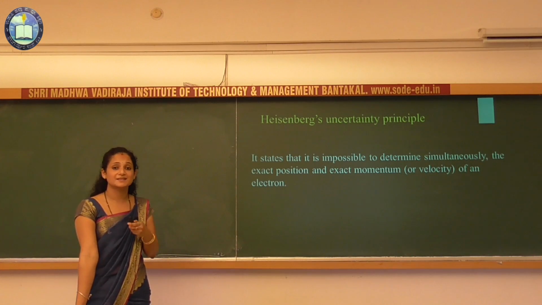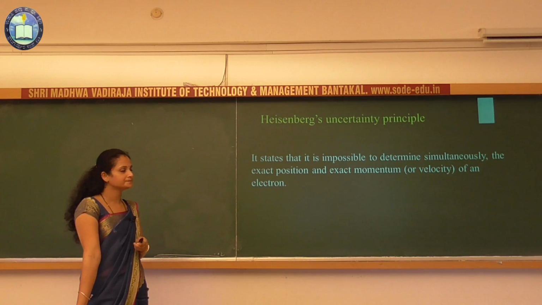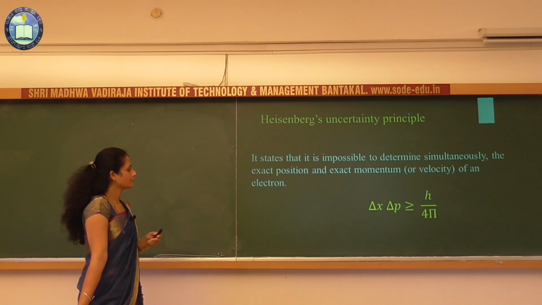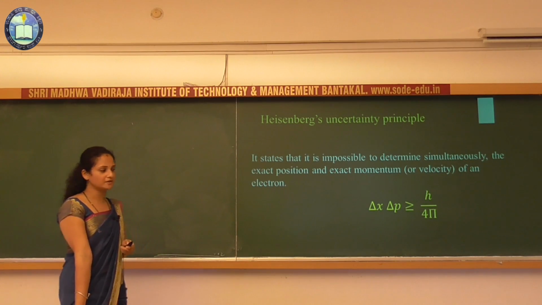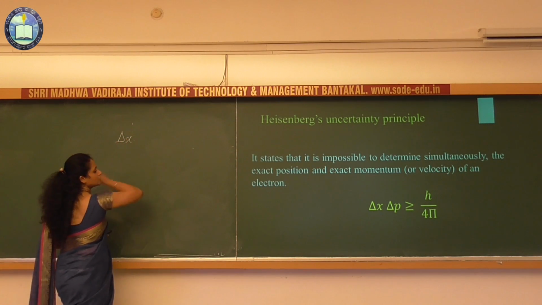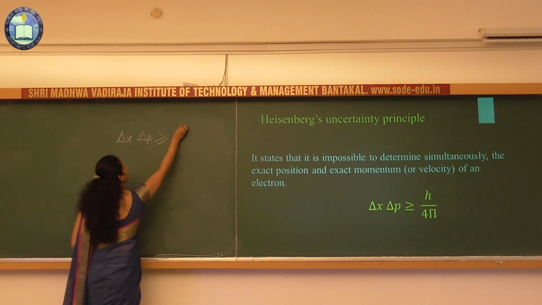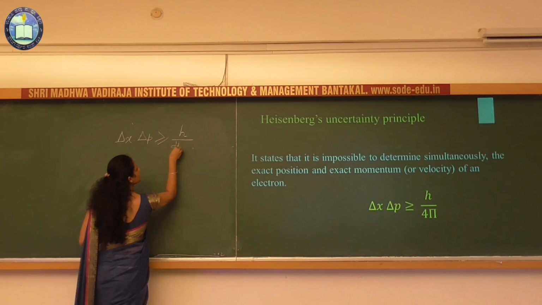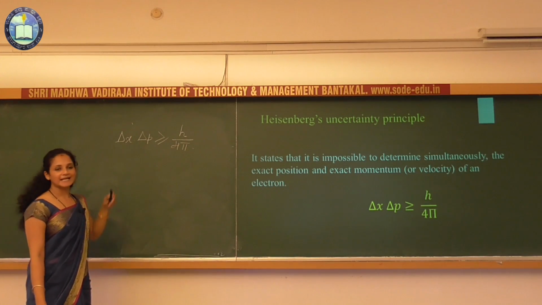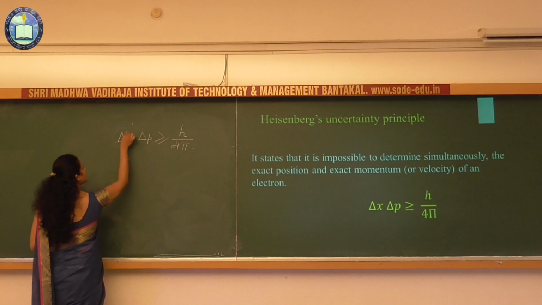So this was the statement of Heisenberg's uncertainty principle, and the mathematical expression given by Heisenberg was delta x into delta p is equal to or greater than h by 4 pi. What is the meaning of this delta sign?